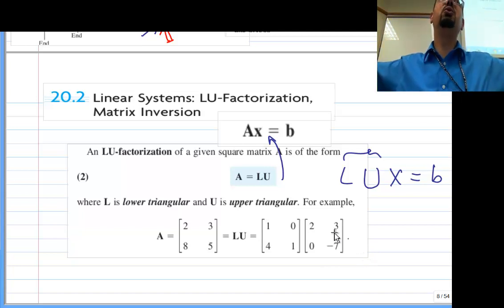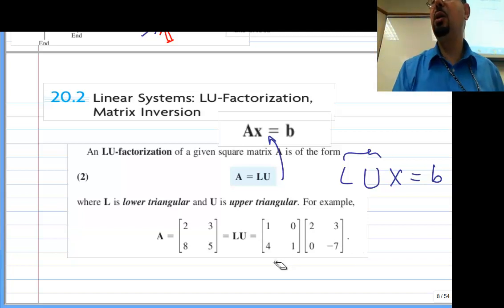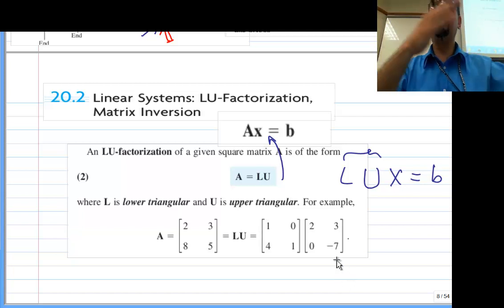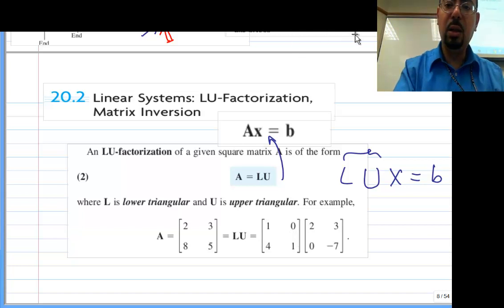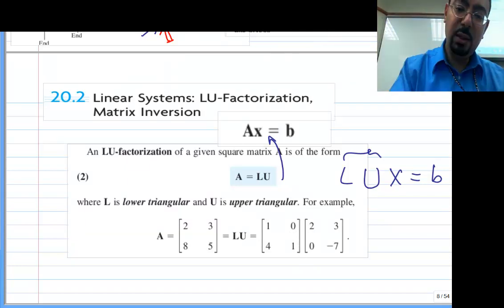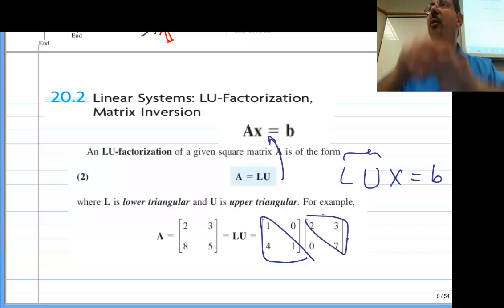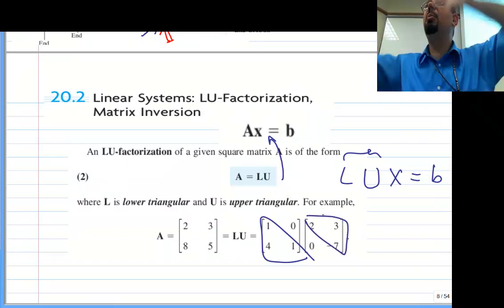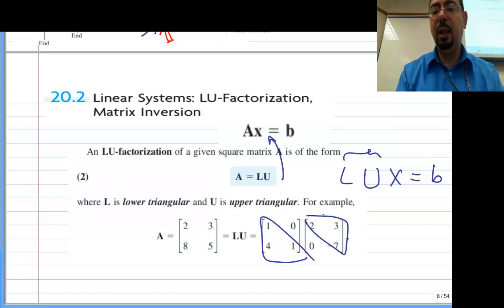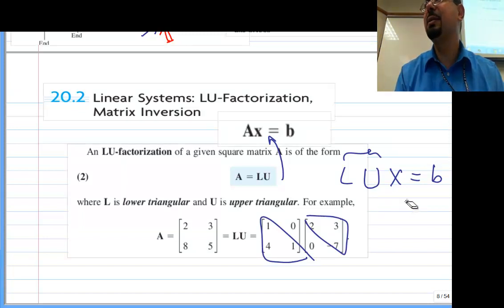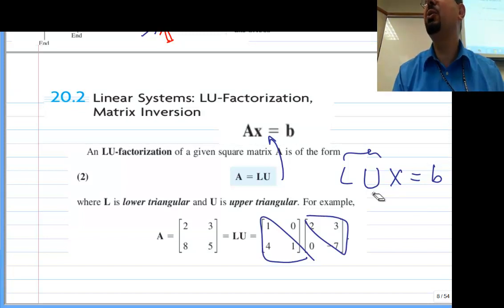No, let's imagine you have 100 rows: 100 by 100, a lower and an upper. Two matrices, one of them lower and one of them upper, meaning the numbers are only on one side of the diagonal. So imagine 100 by 100, but this one is upper and this one is lower, and they are here next to x. How can I use the back substitution to get x?